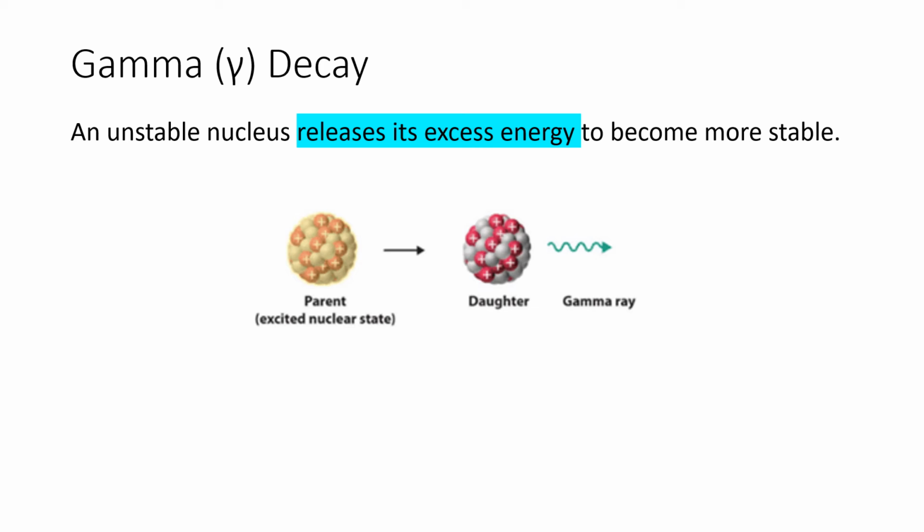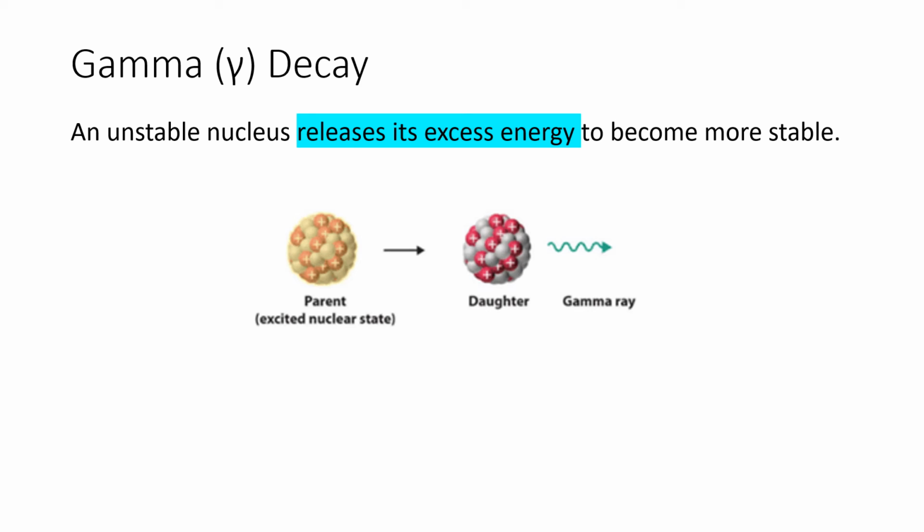In most practical laboratory sources, the excited nuclear states are created in the decay of a parent radionuclide. Therefore, a gamma decay typically accompanies other forms of decay such as alpha or beta decay.